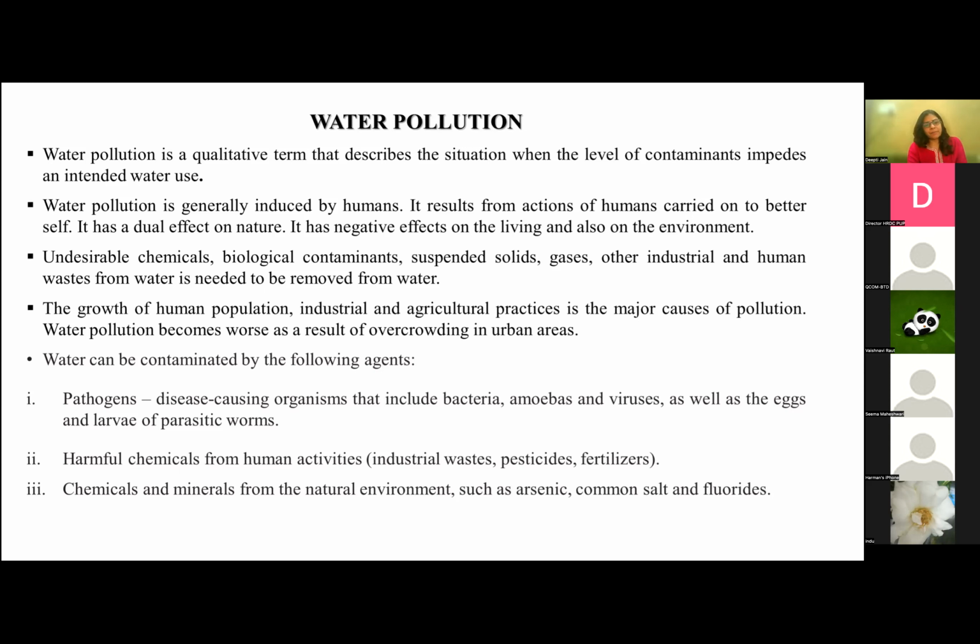Then the harmful chemicals from human activities like industrial waste, pesticides, and fertilizers. It is again a major concern. Just to improve the yield, we are using a lot of fertilizers and pesticides in our agriculture activities nowadays. And all these pesticides remain adhered to the final product, as well as the excess of these fertilizers and pesticides, which are water soluble, are getting drained through water and then go inside the earth's surface.